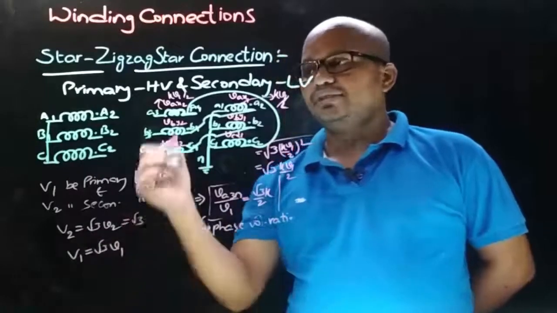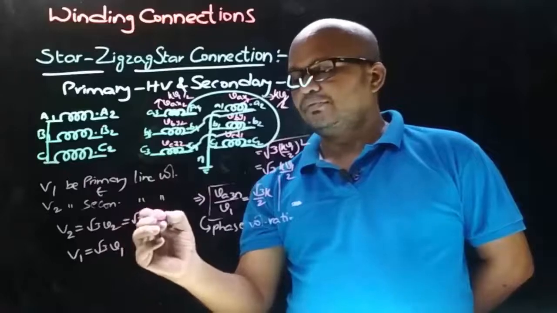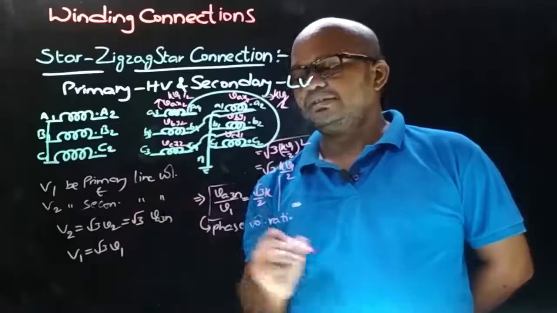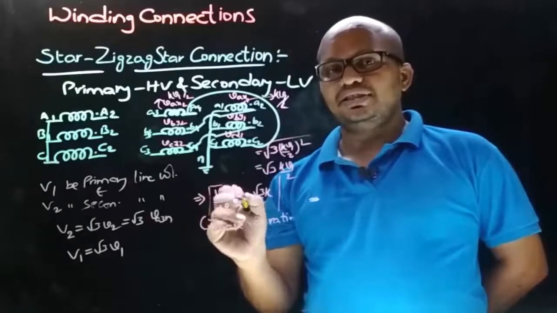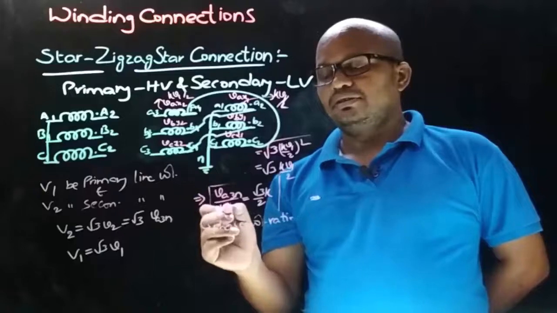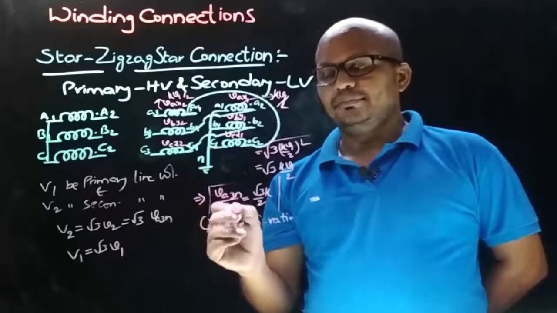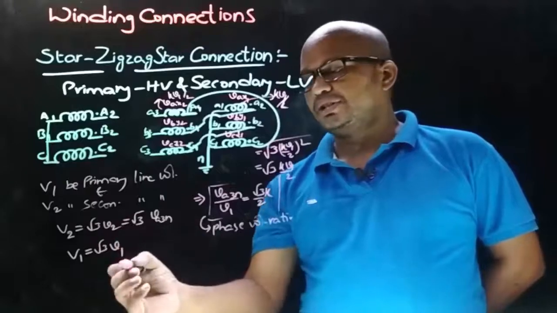And on secondary side, which is a zigzag star connection, the phase voltage V2 is VA3N. Therefore, replace this secondary side phase voltage VA3N with its corresponding line voltage, and similarly replace the primary side phase voltage with its corresponding line voltage.